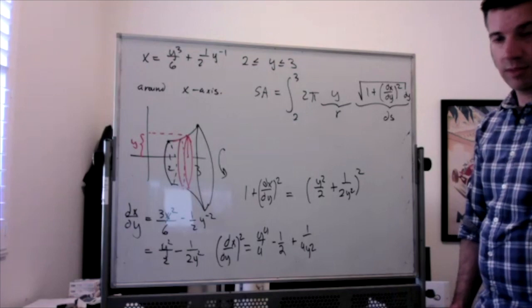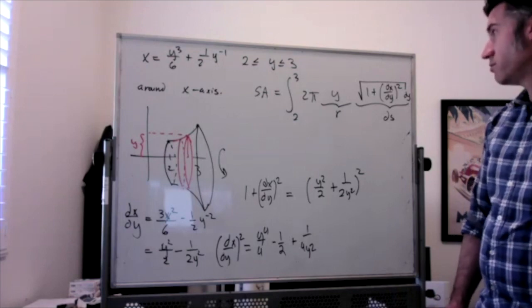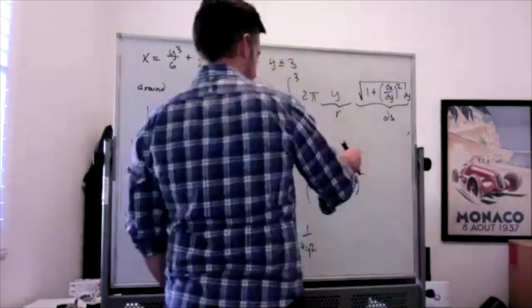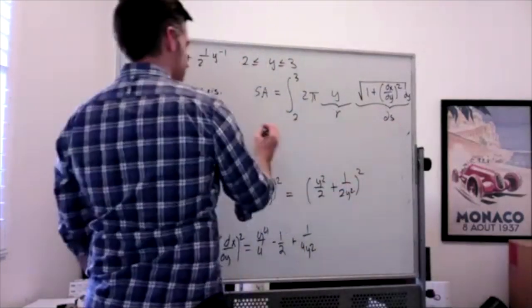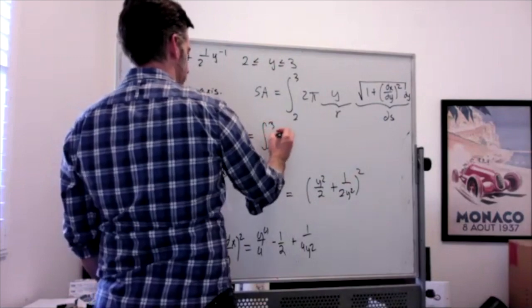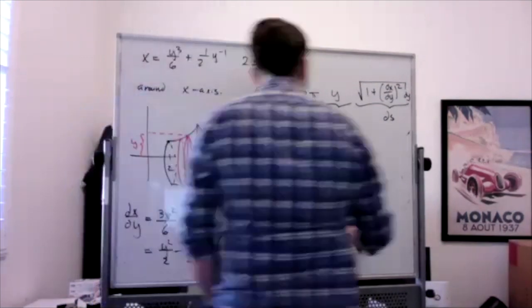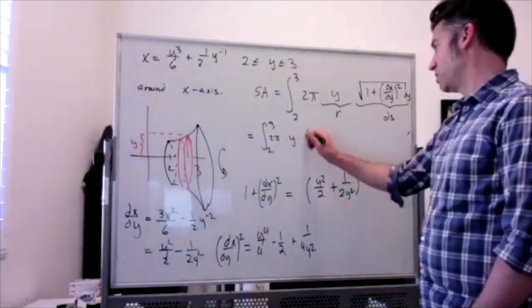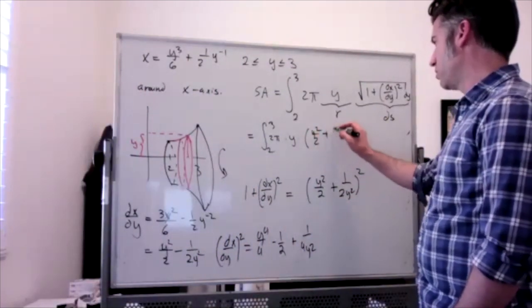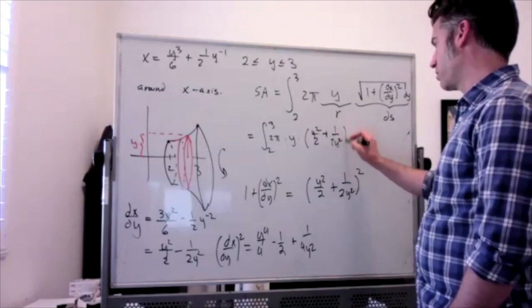Okay, and then that's what's going to go inside here. So this is going to equal the integral from 2 to 3 of 2 pi times y times the square root of this, which is y squared over 2 plus 1 over 2y squared.